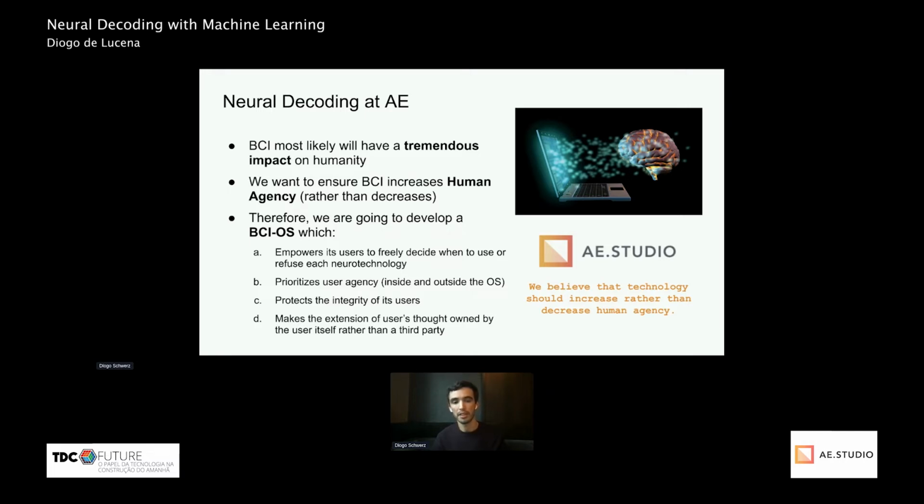And we want to make sure that it's an extension of the user's thought and it's owned by the person. It's maybe even a little bit further than just privacy, but really that it's the self that is being represented in those thoughts and in this BCI application. So we think it's really important that whoever is leading it does so in a good way, and we think we can do that really well.